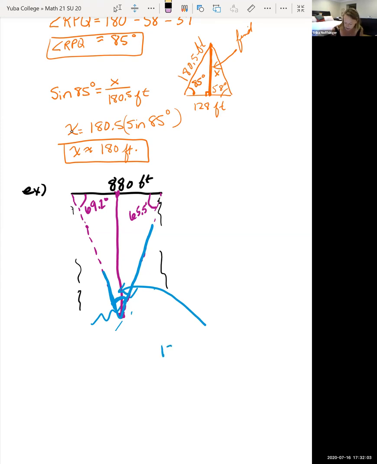So let's look at 180 degrees minus that 69.2 degrees minus the 65.5 degrees. And so if we do that, I get 45.3 degrees. Maybe call it theta.